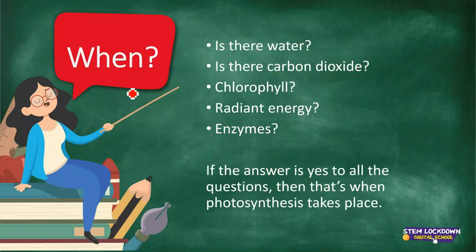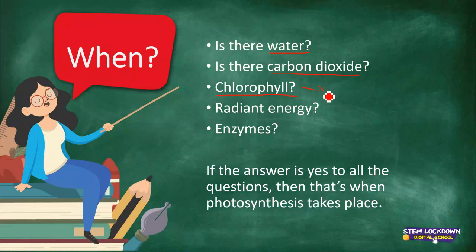Okay, when does photosynthesis take place? If you want to answer this question of when, you need to ask yourself, firstly, is water available? Is carbon dioxide available? Do we have chlorophyll? And in order for us to have chlorophyll, what do we need?